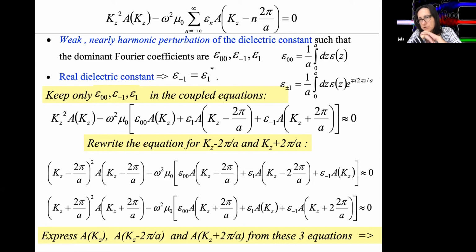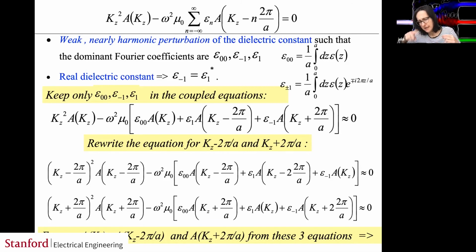You take a periodic function and calculate the Fourier coefficients for that function corresponding to permittivity. If, for example, you have some constant permittivity and you use laser interference to introduce periodic modulation on top, this is exactly the case because your epsilon is a periodic sinusoid, right? If your epsilon is just going between 1 and 3.5 because you're etching holes in your photonic crystal, then it's not exactly true, but epsilon 1 is still the dominant Fourier coefficient.